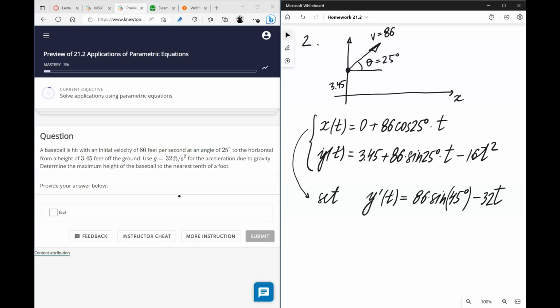And then we would set this equal to 0, because this is when the height reaches its maximum. So t will be equal to 86 sine of 25 degrees divided by 32. So this is my t of maximum height. And then we would just plug that t into the function, and that will answer the question. So let's do that.